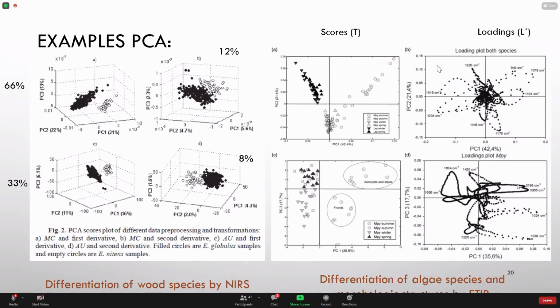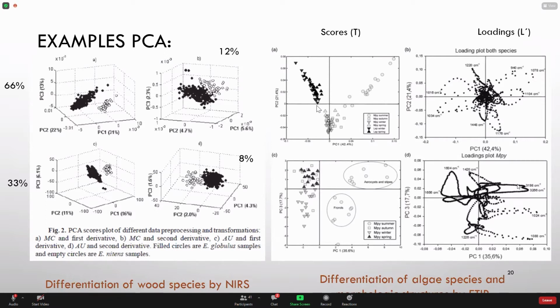And now we are looking for an explanation for that, and we can see the loadings plot simultaneously using the same coordinates, PC1 versus PC2, and I can detect here which band is responsible for the separation. For example, this variable has a high loading regarding PC1 because the distance is high. The same in the case of this band, it is very important to PC2, okay? So I can identify which band is responsible for this separation.